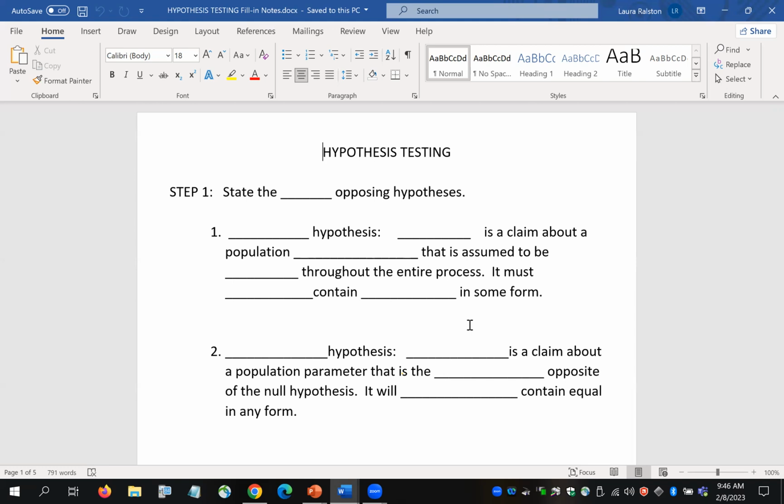And I have that listed in about the middle of the document so we can talk about which test to use when. So I'm going to dive right into these notes.